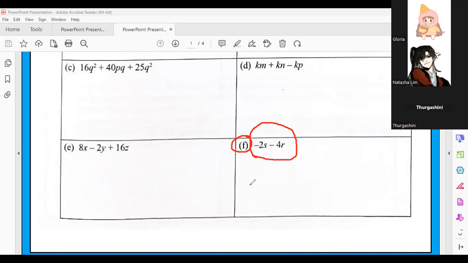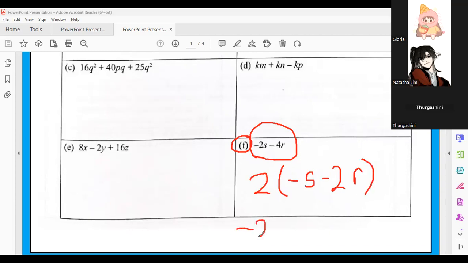Put in your answers. You could take out a 2. Okay, and you're going to end up with negative S minus 2R. Okay, you could do that.